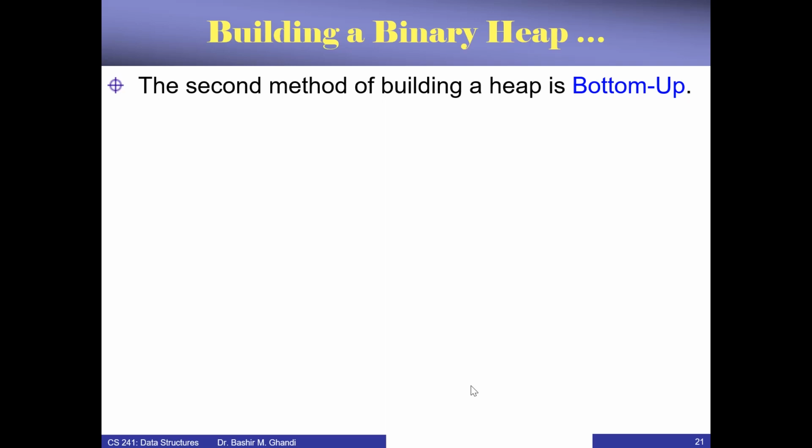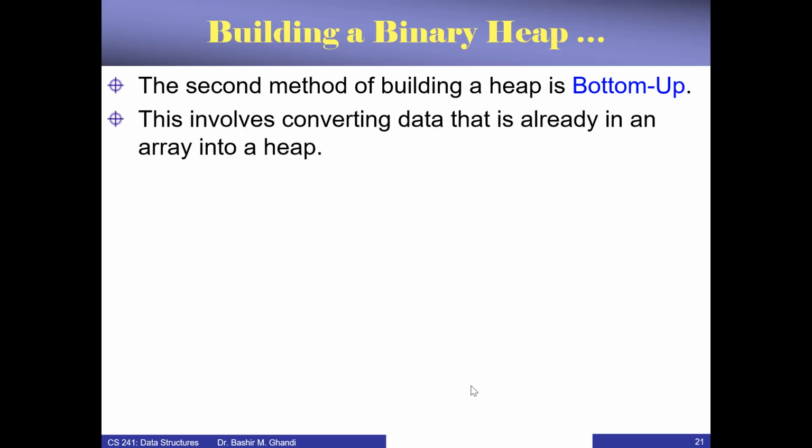However, there is a second method to build a heap, which in fact is more efficient than building a heap top-down. So this involves converting data that is already in an array into a heap.